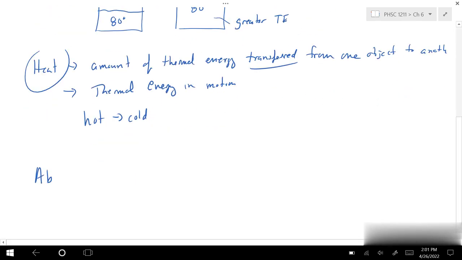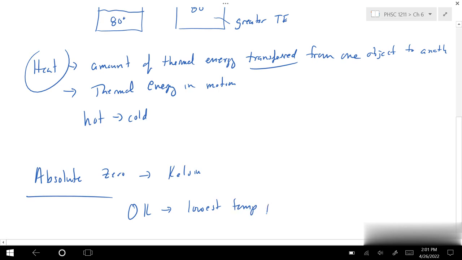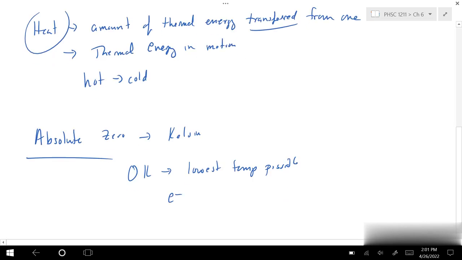So I want to talk about Kelvin here for a second. You may have heard the term absolute zero. This is in Kelvin. And 0 Kelvin has never been reached. We've been trying, we never reach it. This is the lowest temperature possible. This is the point where the electron would stop going around the atom. It'll just stop spinning.